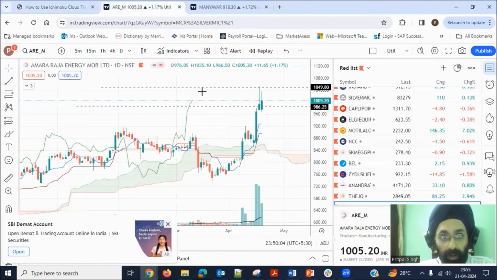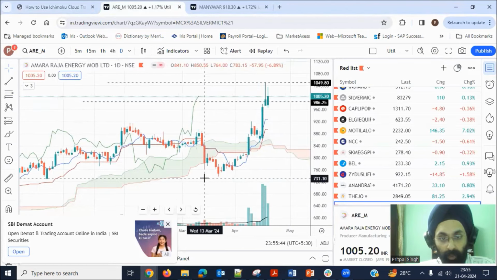So here is the chart of Amar Raja energy, and by now I am sure that you understand the structure of Ichimoku Cloud. If you don't, please watch my previous videos for the Ichimoku Cloud tutorial series.